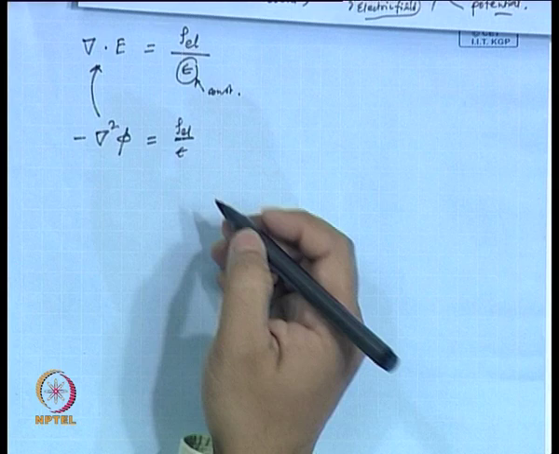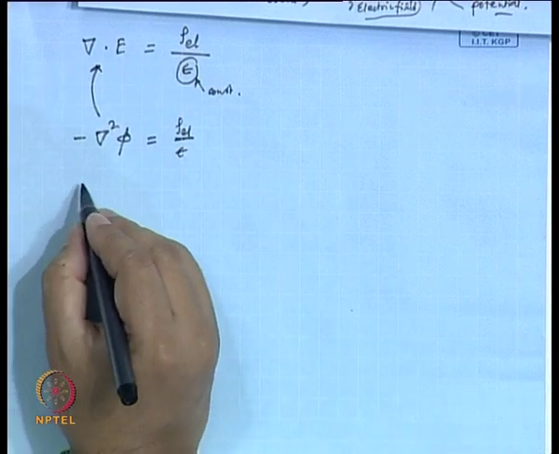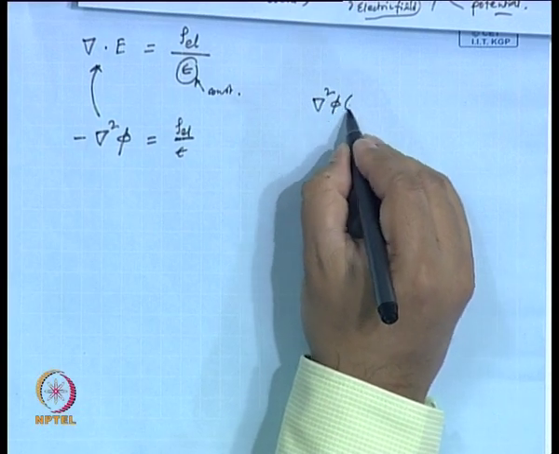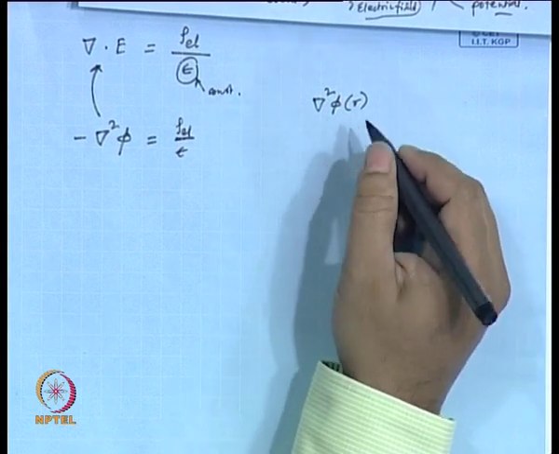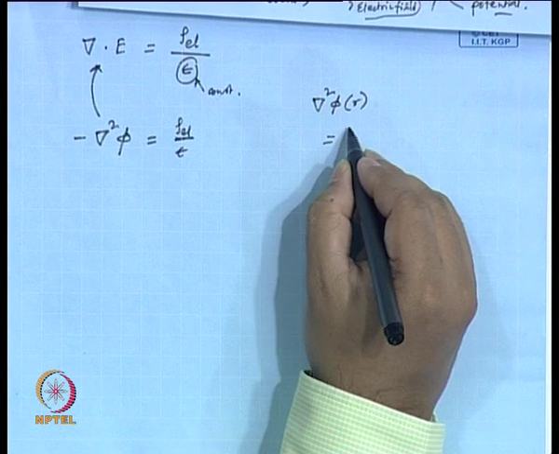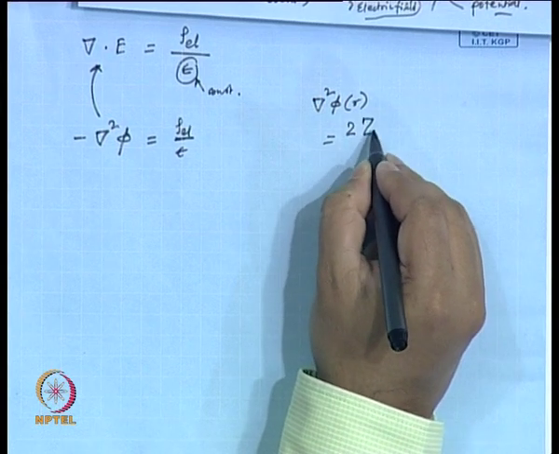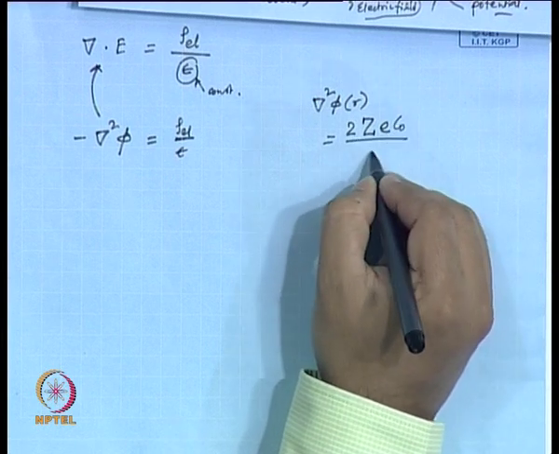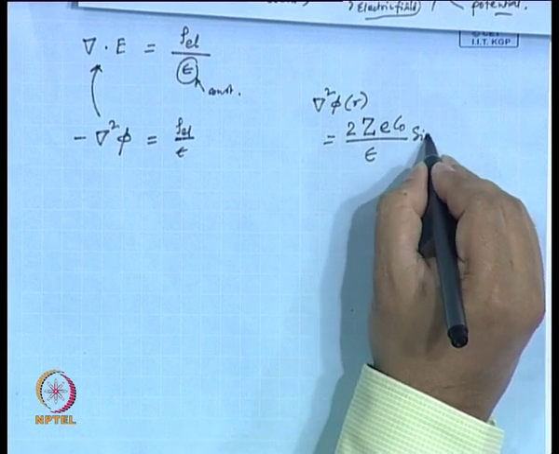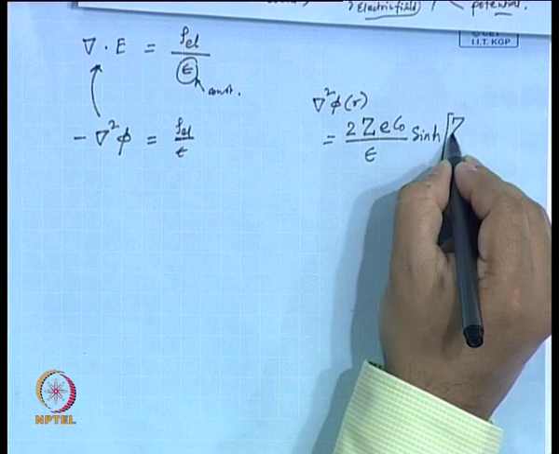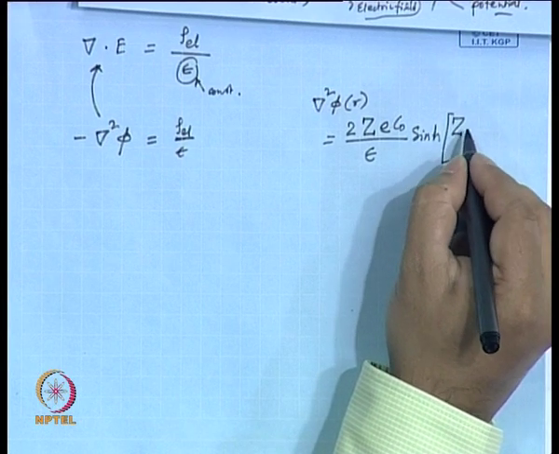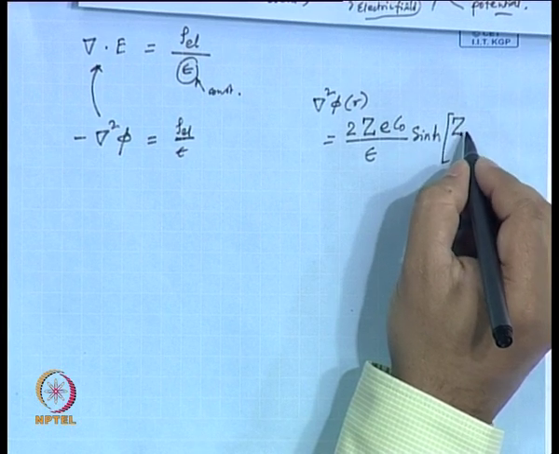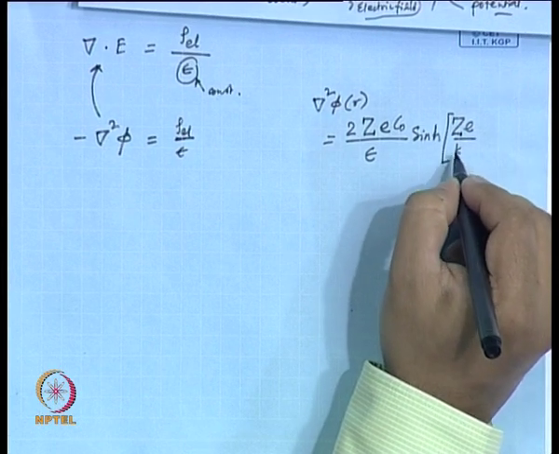So, if we use that, what you would be writing is del square phi of r, for a general position vector, is equal to 2 Z e C 0 divided by epsilon times sinh of Z e phi divided by kBT.